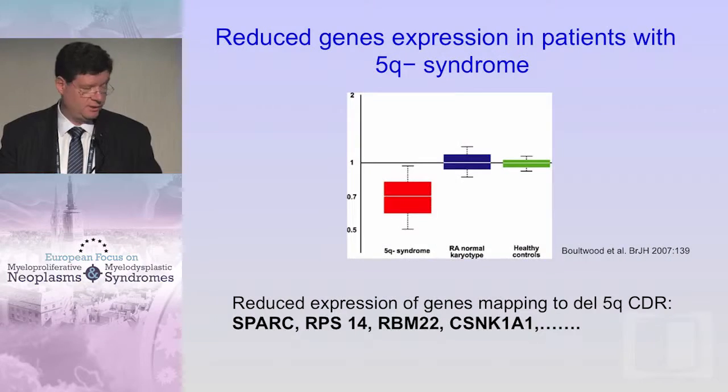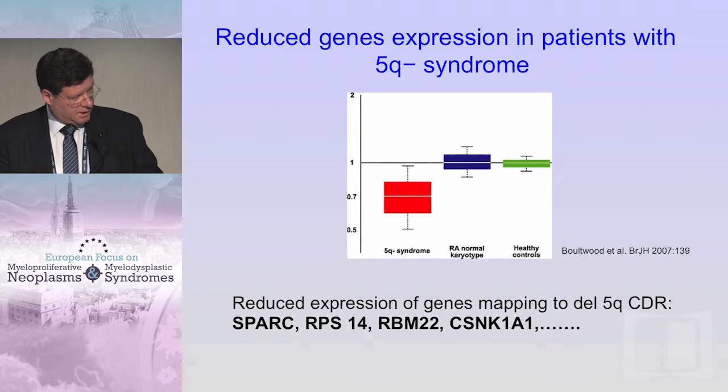and the haploinsufficiency of the genes leads to reduced expression of the candidate genes in the region. There are approximately 40, but some of them, whose names you saw a bit earlier, seem to be critical.